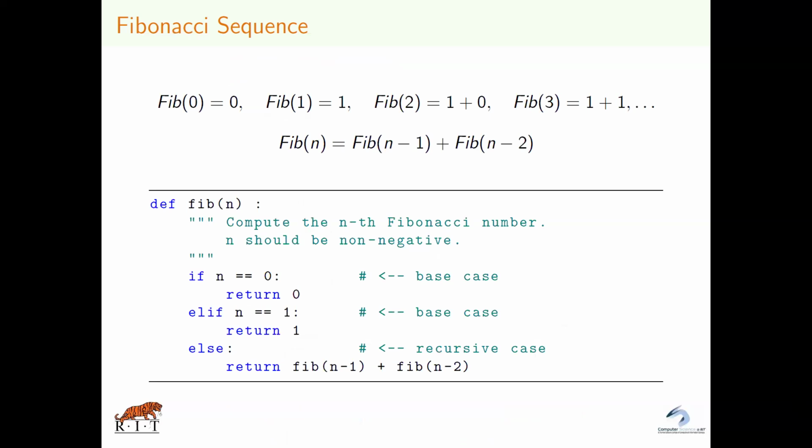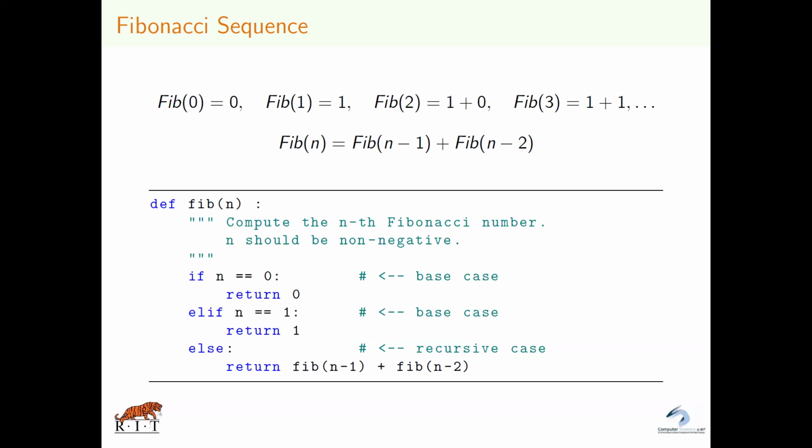Fibonacci of n is the sum of Fibonacci on the previous step and on the step before. So if we start from 0, then we sum up these numbers and we will get Fibonacci of 2. To calculate Fibonacci of 3, we should sum up Fibonacci of 2 and Fibonacci of 1.